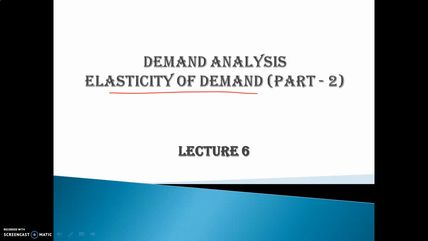Second is cross elasticity of demand, which is based on the prices of related products, related commodities, that is substitute commodities and complementary commodities, right? Substitute goods and complementary goods. And third is income elasticity of demand, which is based on the income of the consumer.